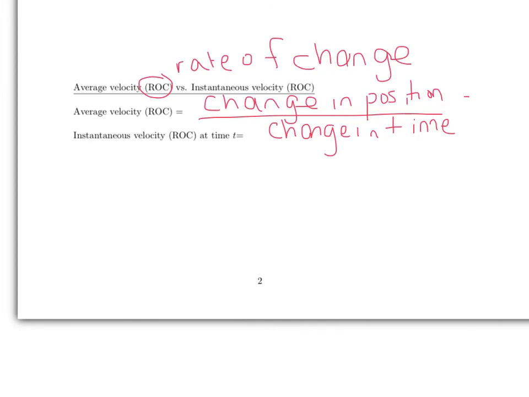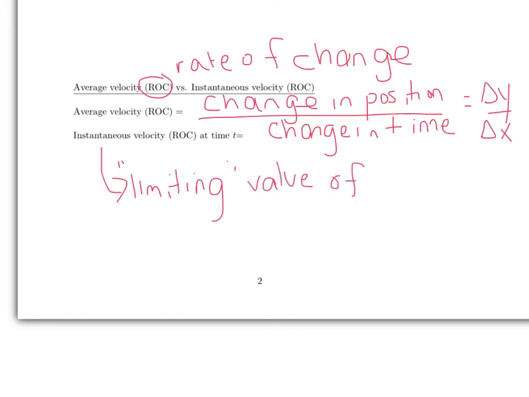That's usually written delta y over delta x, a change in y over change in x. And then instantaneous velocity is really the limiting value of the average velocities. I know we haven't used that word limit, but hopefully the animation will help make what that means clear.